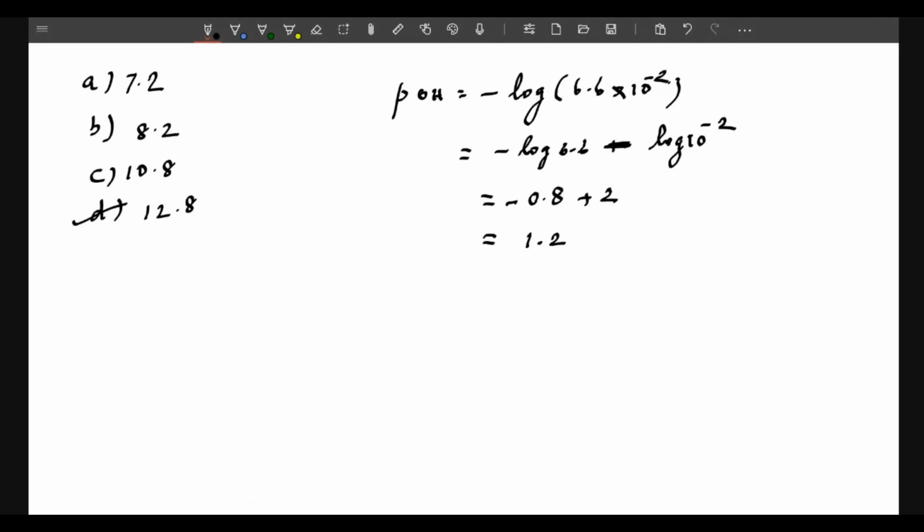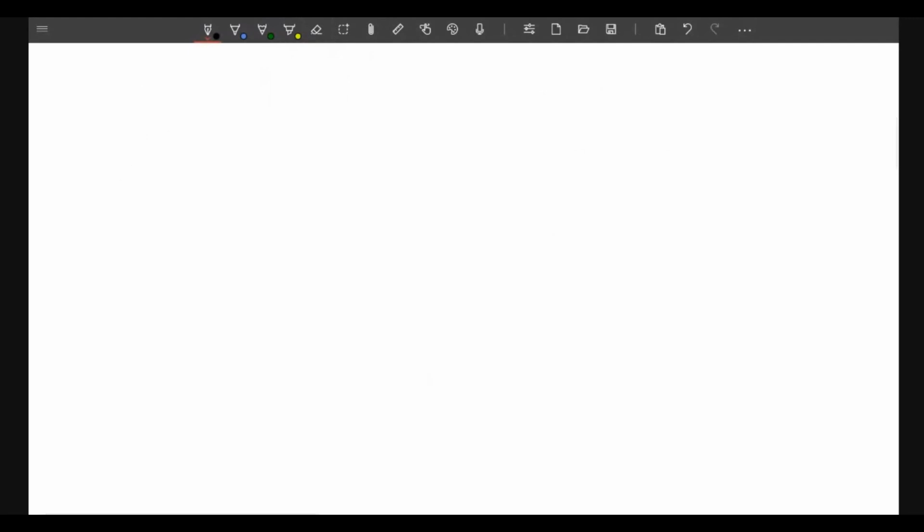Electrolysis of 200 ml of aqueous copper sulfate solution was carried out by a current of 0.5 ampere for 20 minutes, assuming no change in the volume.